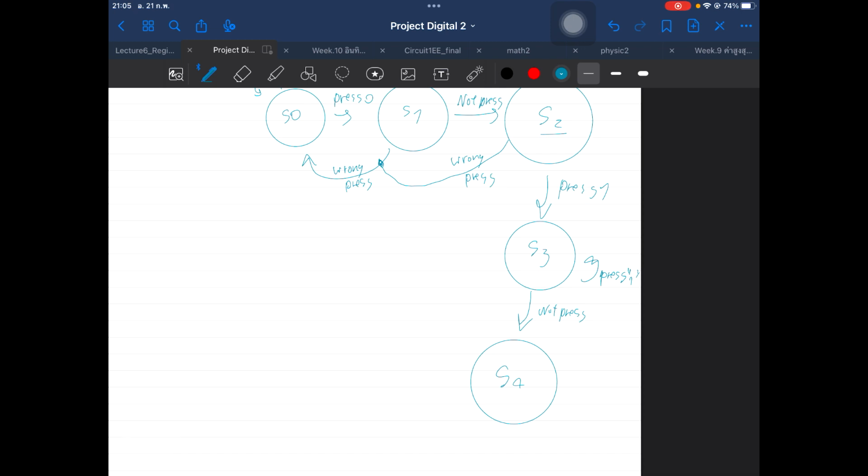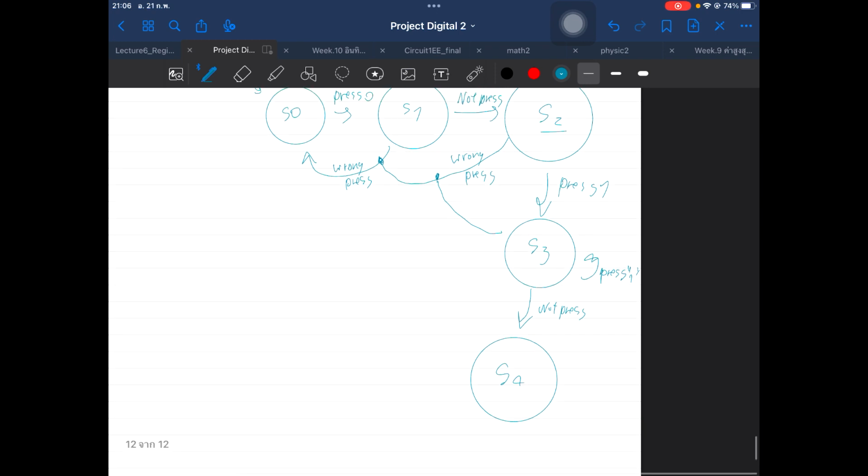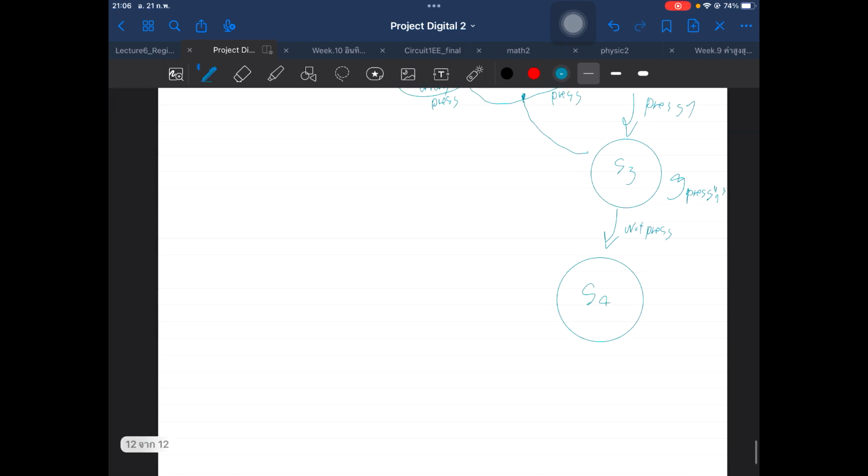But if you press a wrong number, it will go to the wrong press case, and they will go to state 0. And that's all of state 3.